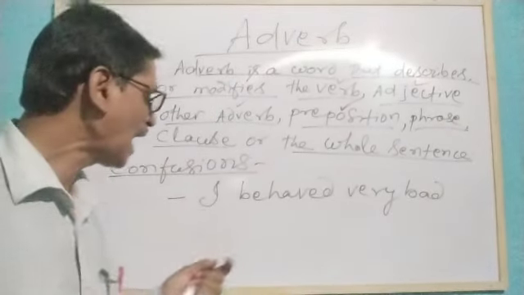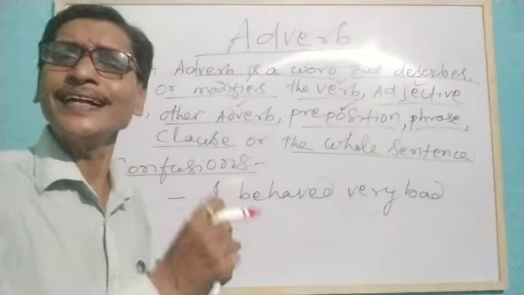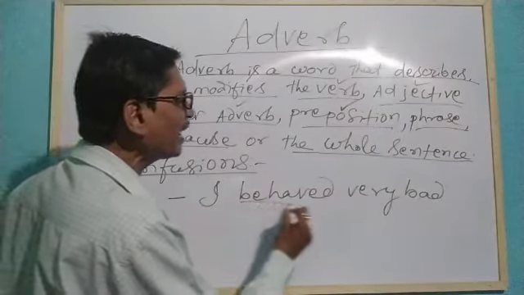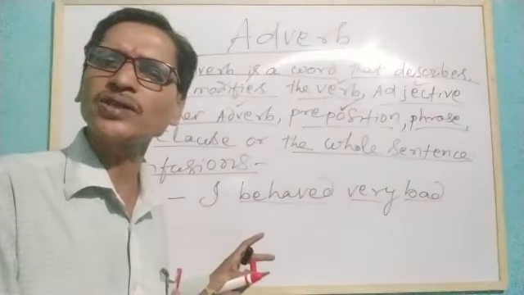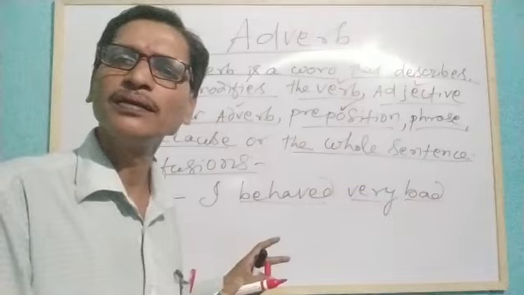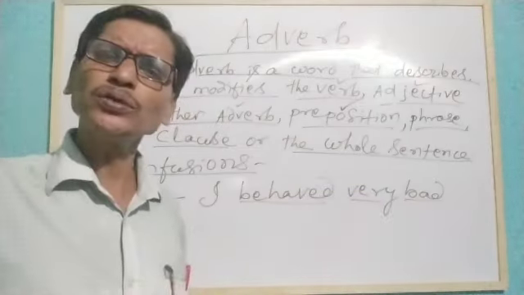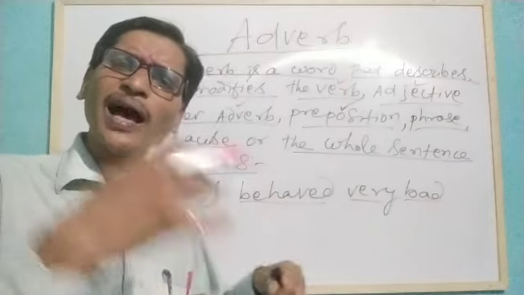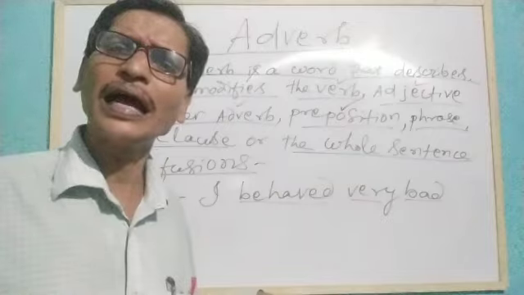Here you see, I have written a sentence: I behaved very bad. Do you think this statement is correct? No, this statement is not correct. We know some words that enhance the meaning of verbs are called adverbs.